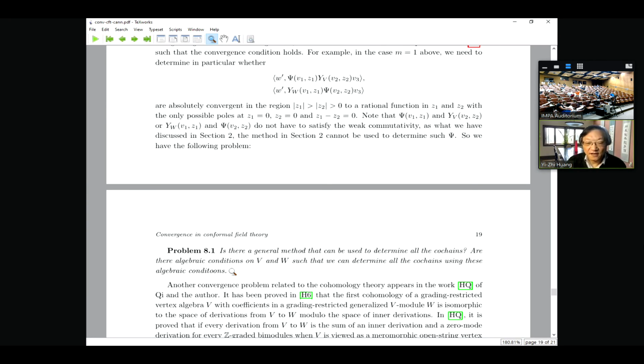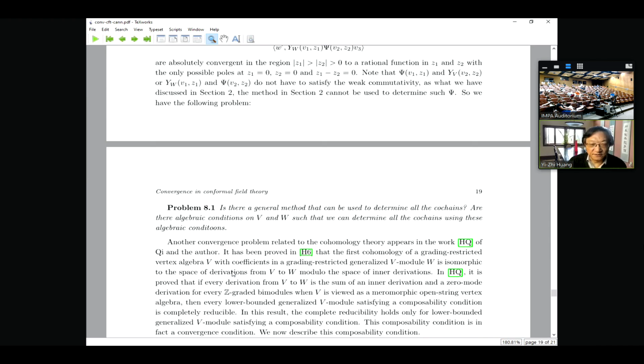This is a problem I do not really know; I don't have any idea. If we can do this, then we can calculate the cohomology of a lot of vertex operator algebras.